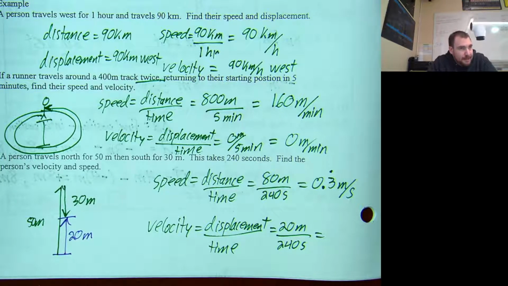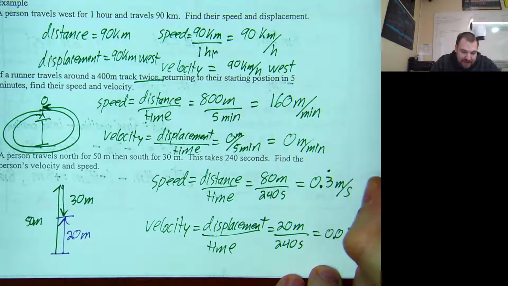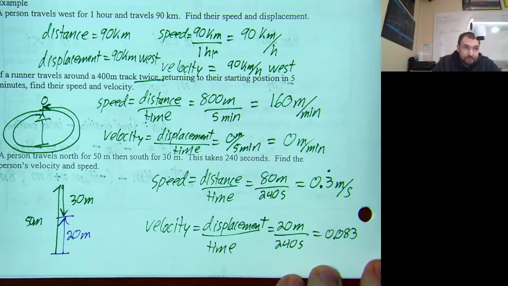So what's my velocity? 0.083 what? North. Thank you, Naya.